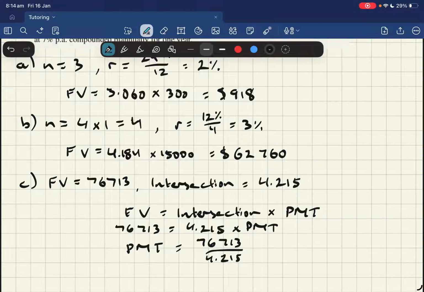Once I do that, the payment is going to be 18,200. So I'm doing the question in the exact same way. I'm just substituting into the formula and it'll just require an extra step because I'm not looking for the future value. I'm not multiplying, I'm dividing instead once I go through all the steps.